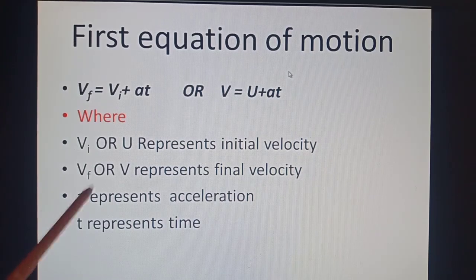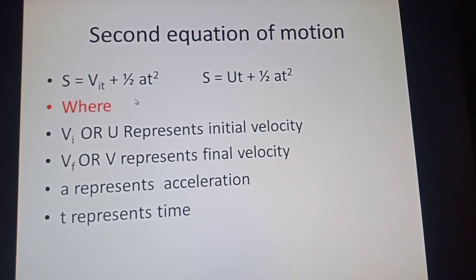Similarly, A in this equation represents the acceleration. Students of physics very well know what an acceleration is. Finally, the time t represents the time. Viewers, it is known as the famous first equation of motion.